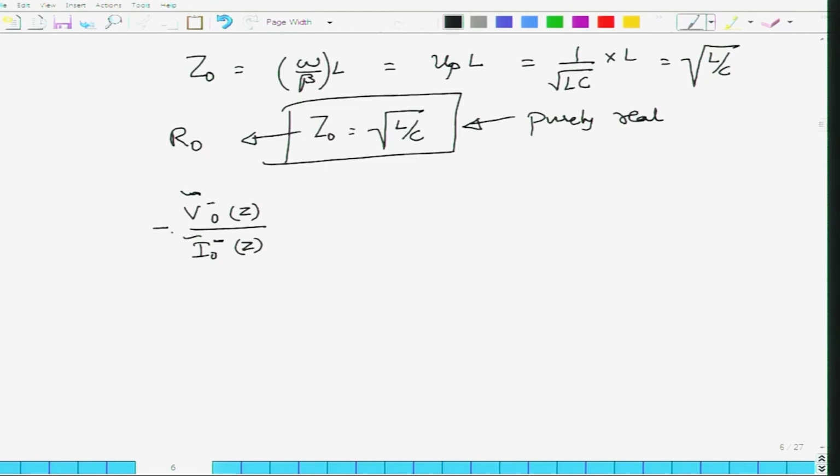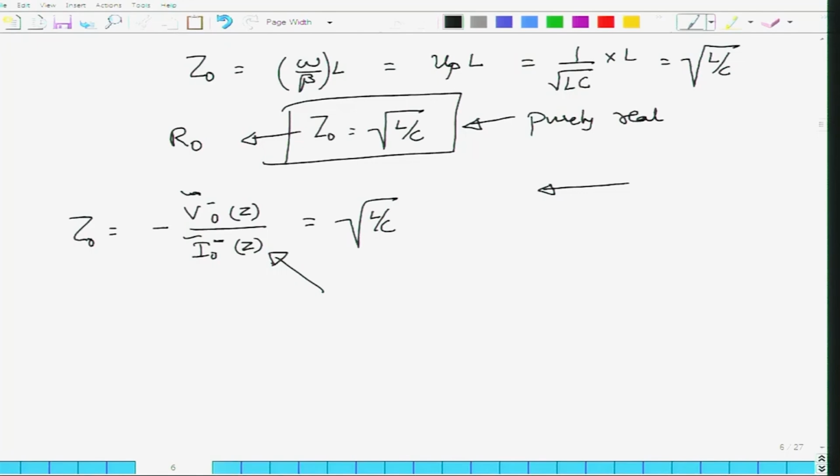This minus sign appears because current will be going in the other direction. Okay. So, because of this the characteristic impedance will be defined by writing this as minus V0 minus of Z by I0 minus of Z. Okay. So, this characteristic impedance value will also be equal to square root of L by C. This is appropriate when you have a negative going voltage and a negative going current.